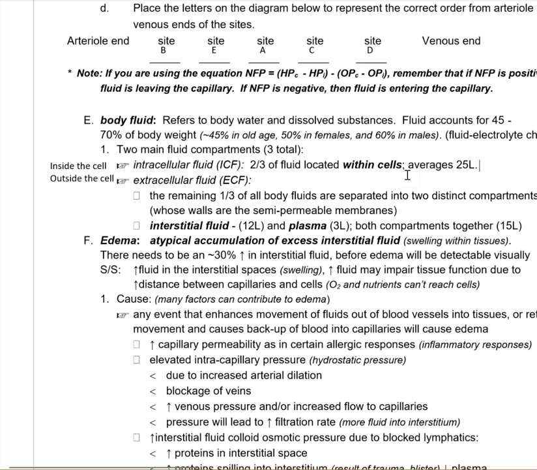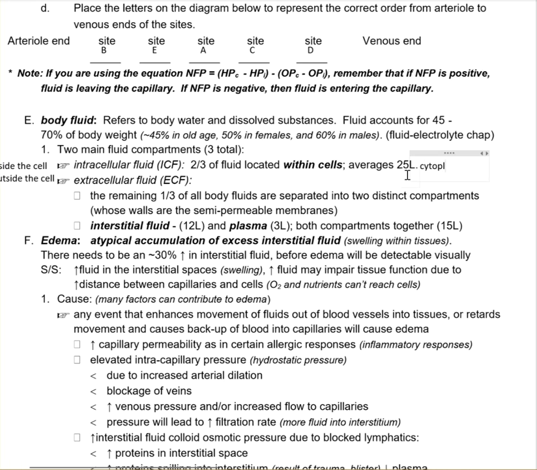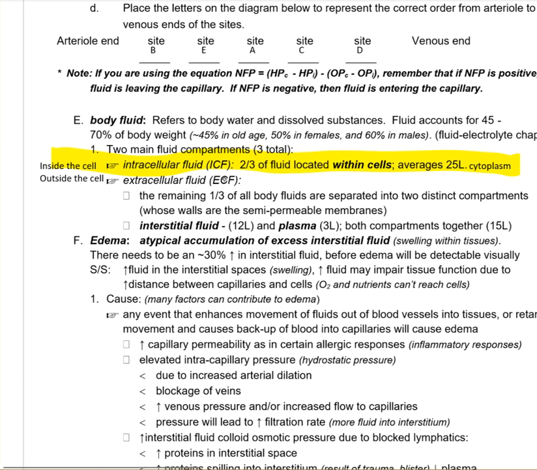That's the fluid inside cells, cytoplasm. That is intracellular. Now, extracellular fluid, outside the cell, is the other third. So most of the fluid you have is inside the cells of you right now, but about a third isn't.